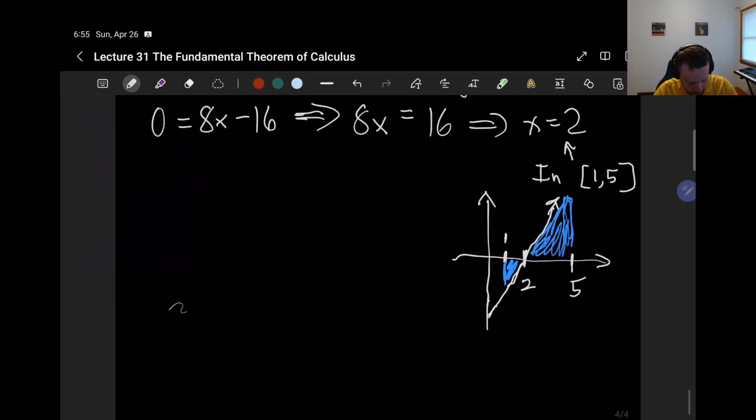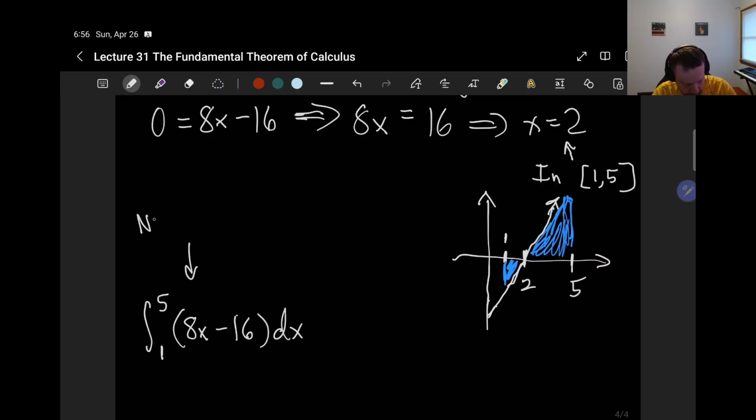So let's look at that integral from 1 to 5 of f of x dx. And I want to be clear here. This is not the final answer. But it'll help us get there.